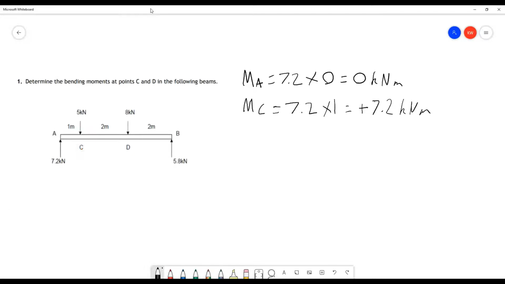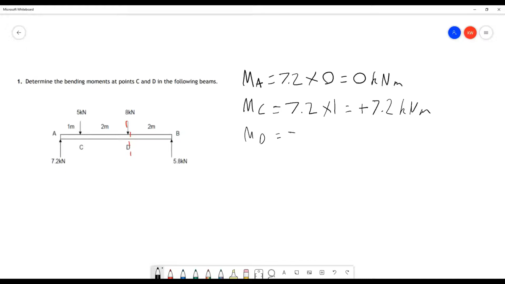We can do the same again, this time with the bending moment at D. So if we do MD, again, if we take our cross section through D, and this time we have two forces to contend with.